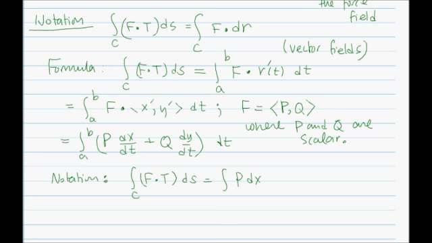P is indeed a function of x and y, so you can treat everything in terms of x and y. Since there's no t, they use this oriented path C, and plus Q dy. So this is a notation. Whenever you see this, you have to interpret that as a dot product of something.